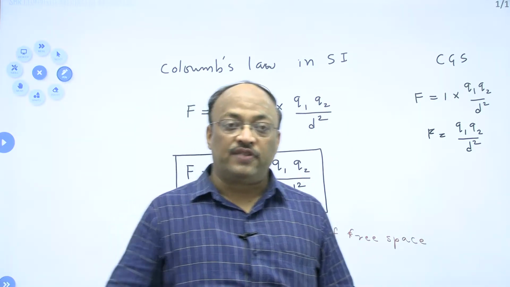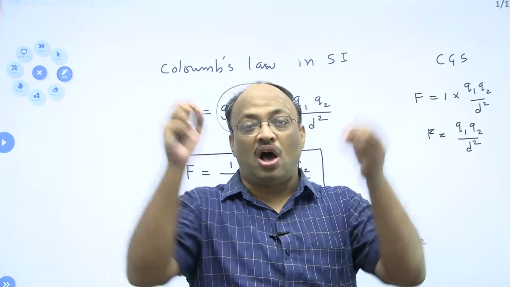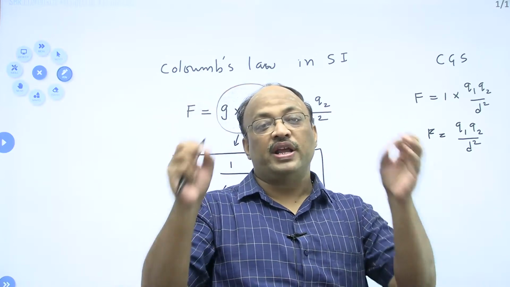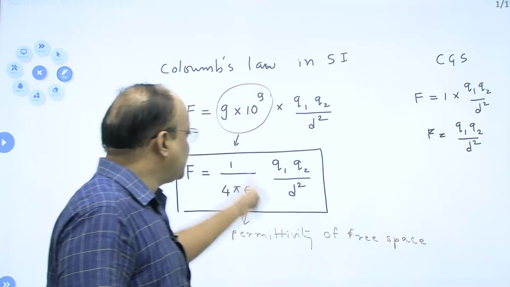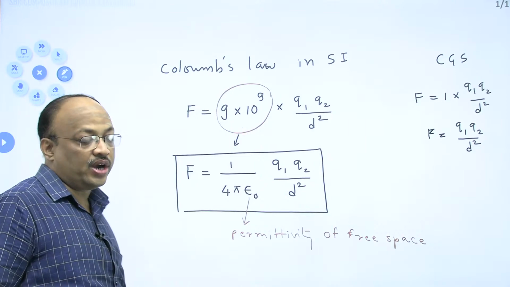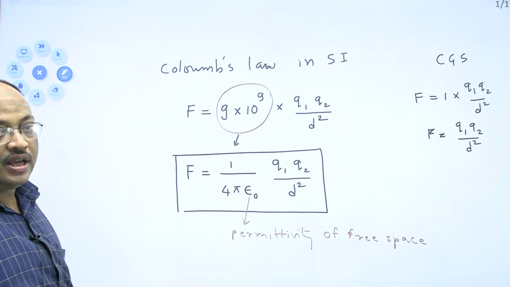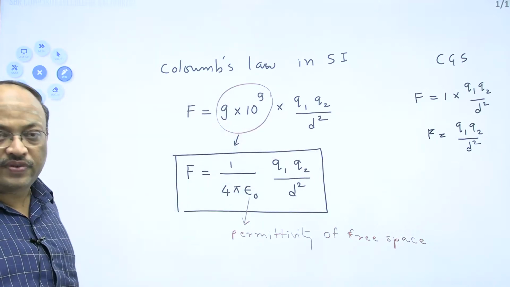Therefore the medium between the two charges plays a very important role. In free space this value is 9 into 10 to the power of 9. In any other medium, it will be different.